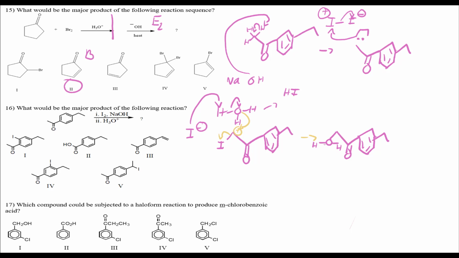And now we have iodine just floating around, and this hydrogen can pop off from the oxygen and be taken by the iodine, and the side product will be HI again. Hence, we only have this compound right now.